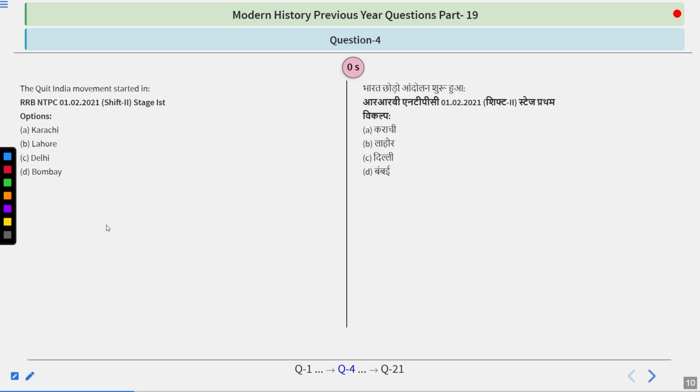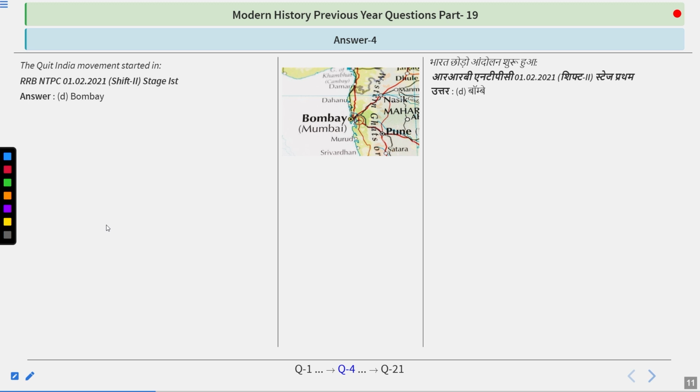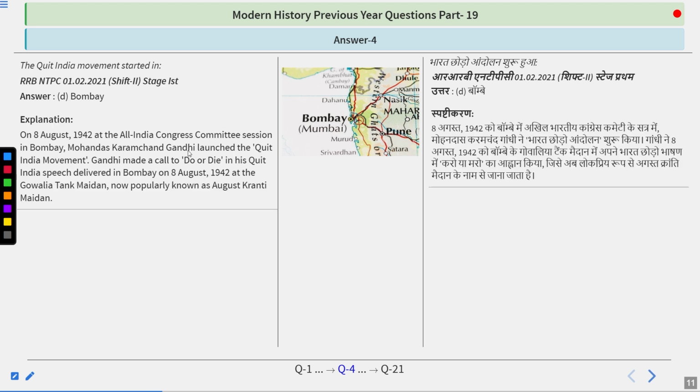So guys, as we know, the Quit India movement started in Bombay. On 8th August 1942, at the All India Congress Committee session in Bombay, Mohandas Karamchand Gandhi launched the Quit India movement. Gandhi made a call to do or die in his Quit India speech delivered in Bombay on 8th August 1942 at the Gwalior Tank Maidan, popularly known as Agast Kranti Maidan.